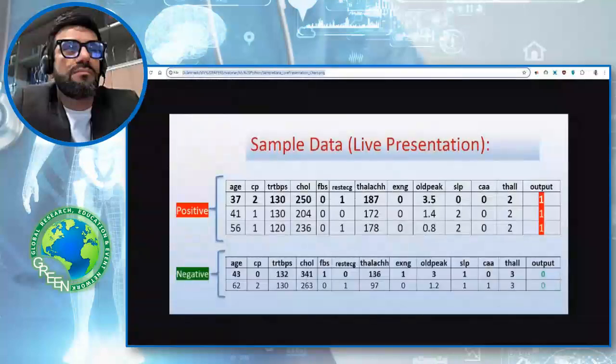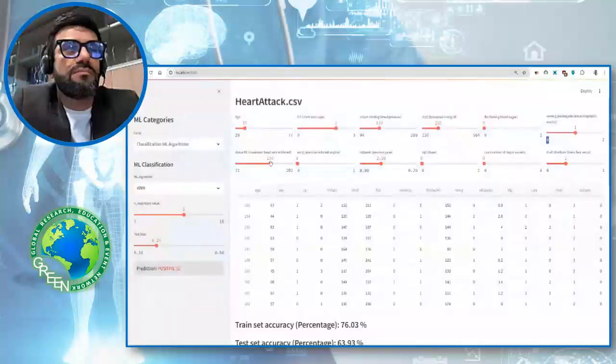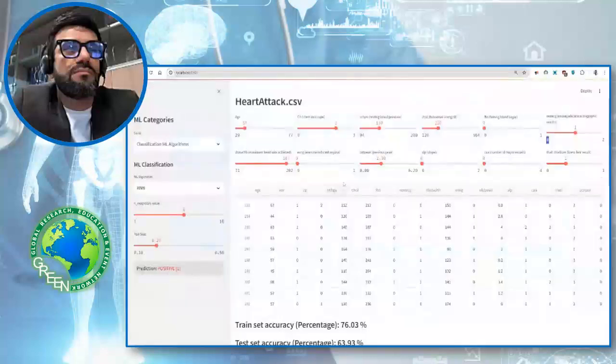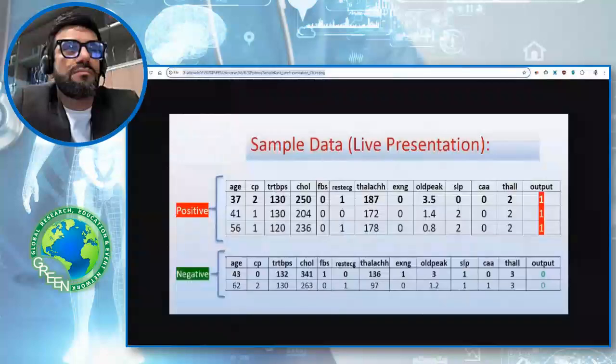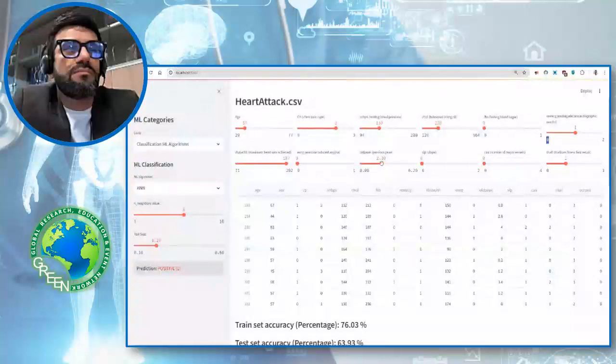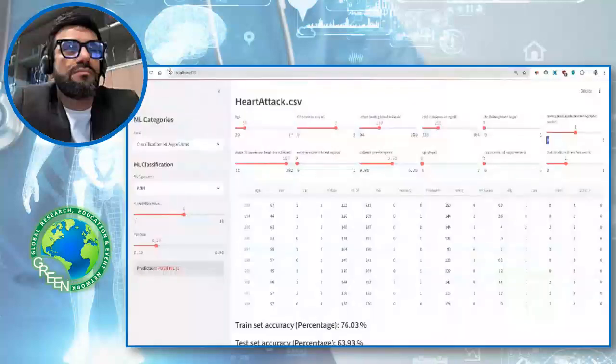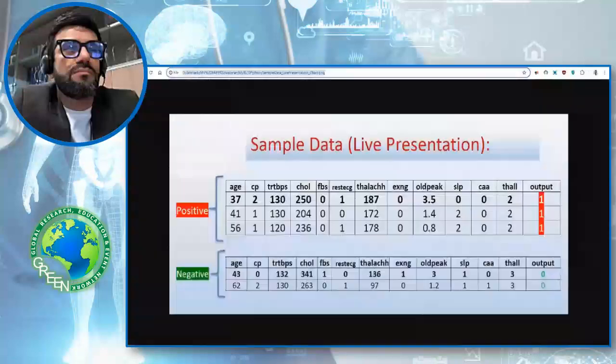And THALACHH is around 187. And the EXNG is 0. Old peak is around 3.5. SLP, slope, is around 0.